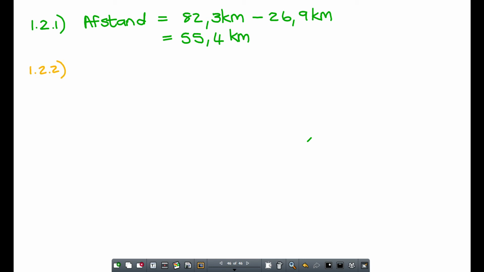Okay, 1.2.2. Calculate how long it took Babu to run from the halfway mark to Pinetown. Okay, nou kyk gou. Halfway was 3 uur 5 minute 14 sekondes. And Pinetown was 4 hours 54 minutes and 45 seconds. So weer eens, ek gaan dit moet aftrek van mekaar, né? Nee?